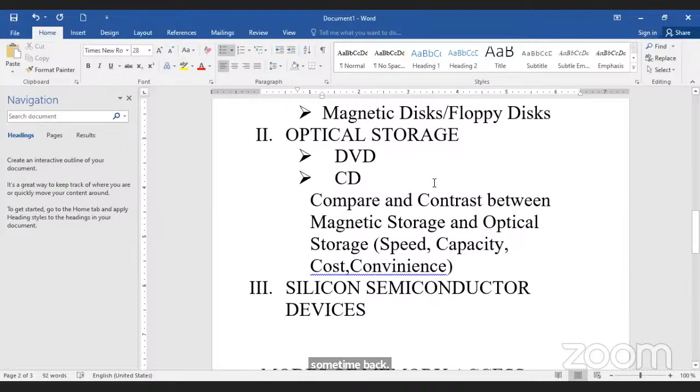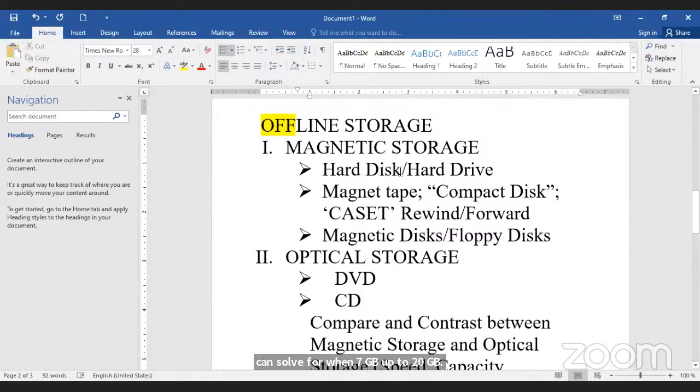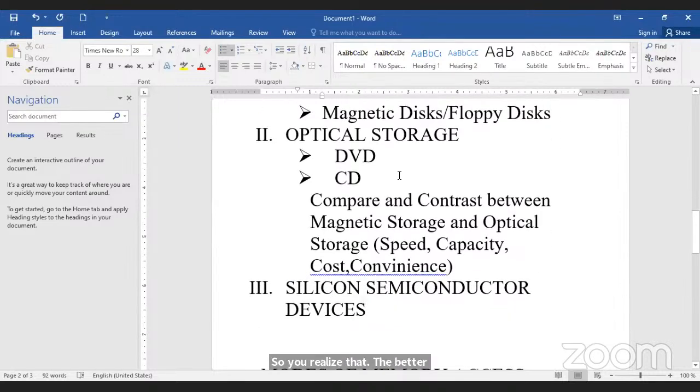Then when it comes to capacity, I'll say that a DVD can store 4.7 GB up to 20 GB. But when you go to hard disk, we have some hard drives that can store up to 1,000 GB, 2,000 GB. So you realize that they are better off when it comes to cost.